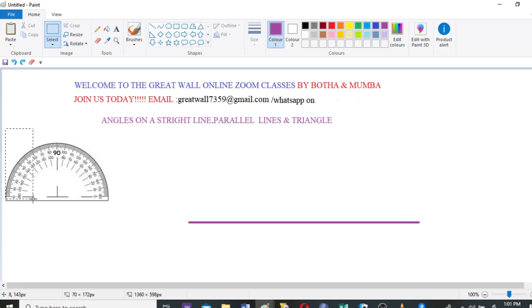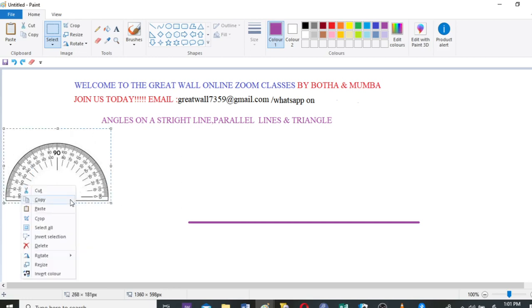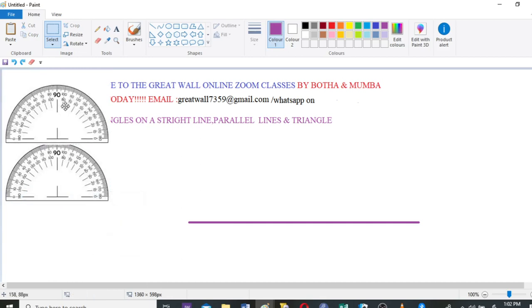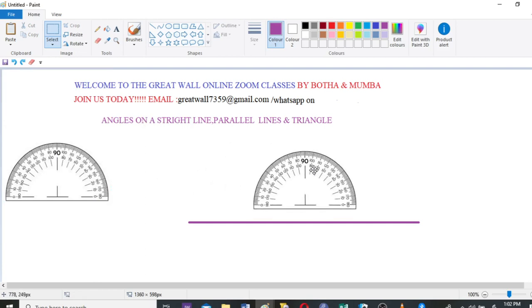Now from that 180, how do we use that property to solve for the angles that we've been asked to find? So let's get started. We take this one for example. We have this line.